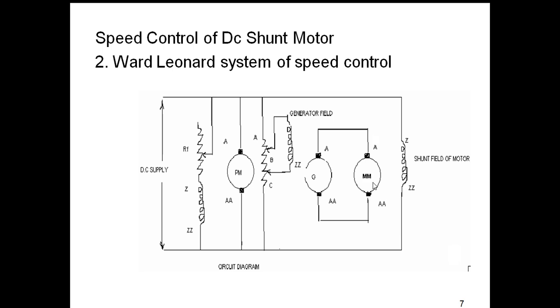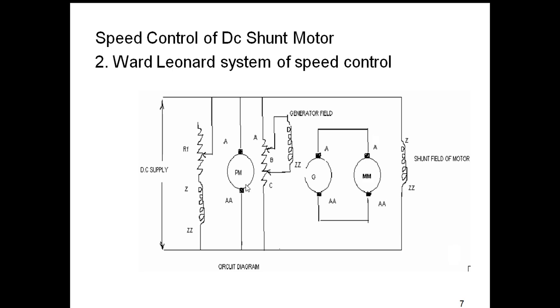For this motor, the supply is given from this generator. The supply of this generator can be varied by using a potential divider A, B, C, and this motor is used to run this generator.